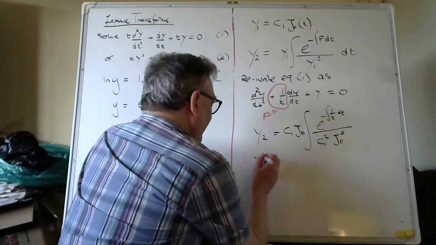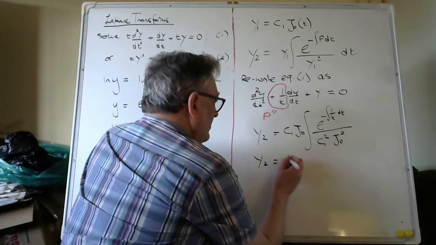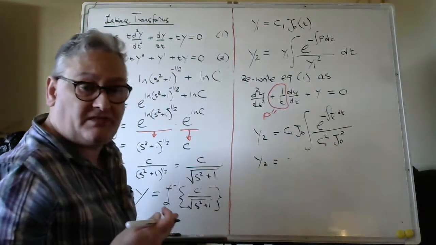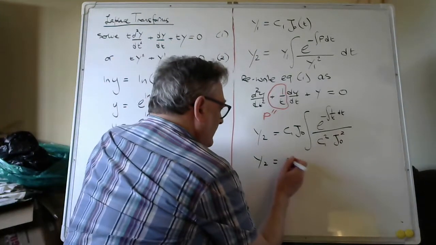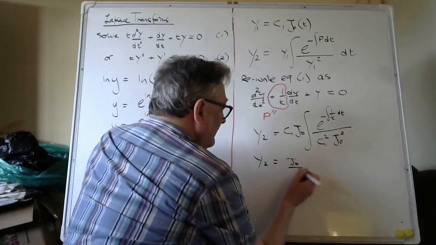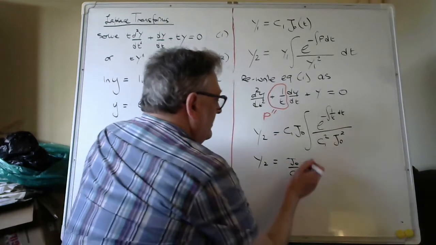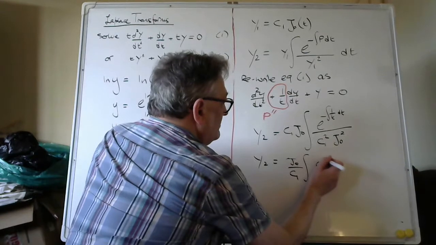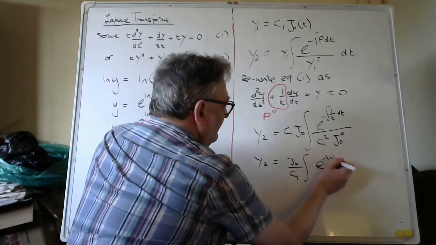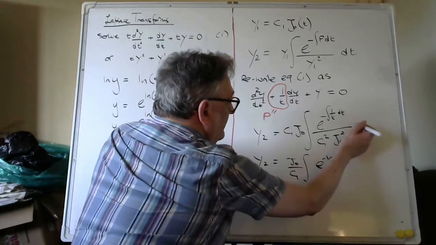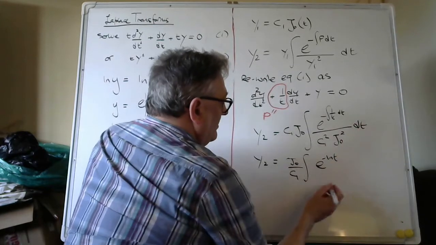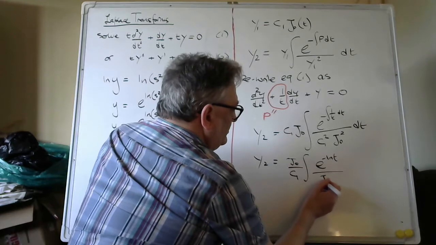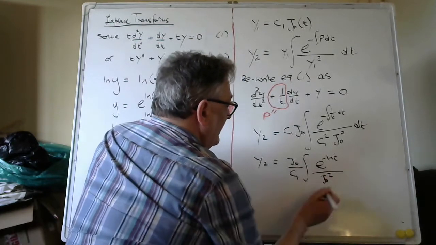And if we simplify that, we can take the c1 squared outside the integral because that's just a constant, so that we get j naught over c1 multiplied by the integral of e to the minus log of t, and there should be a dt in there as well, over j naught squared.